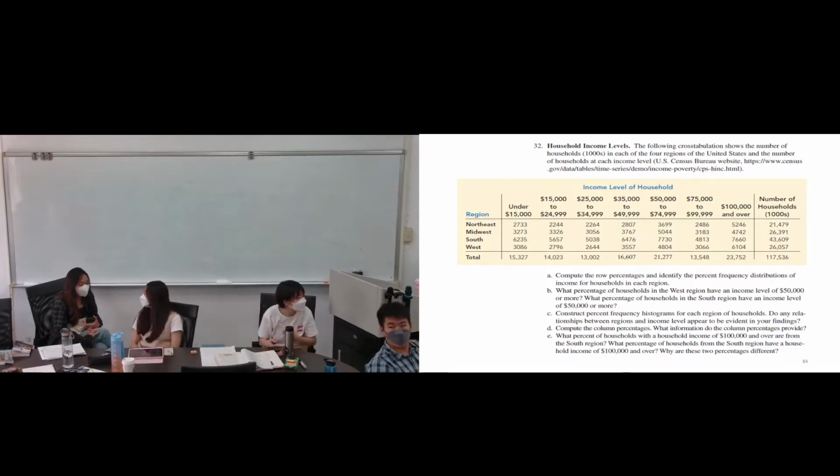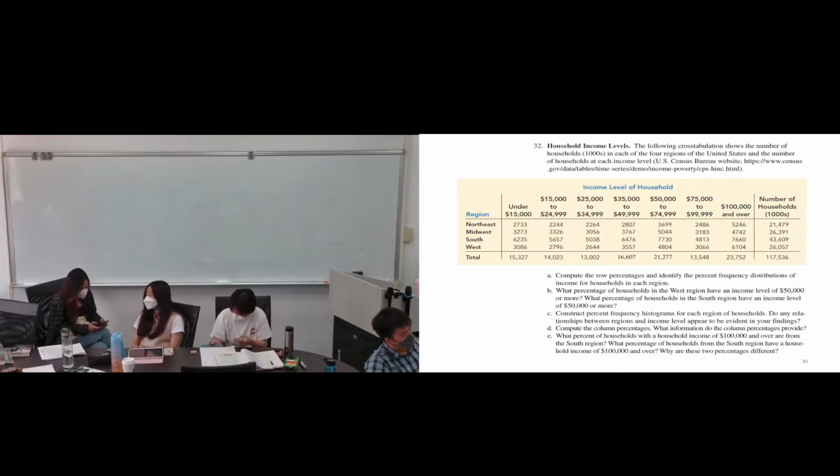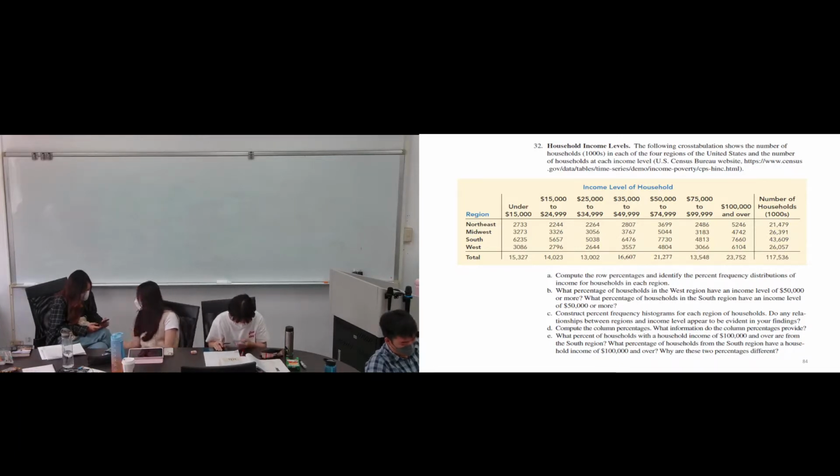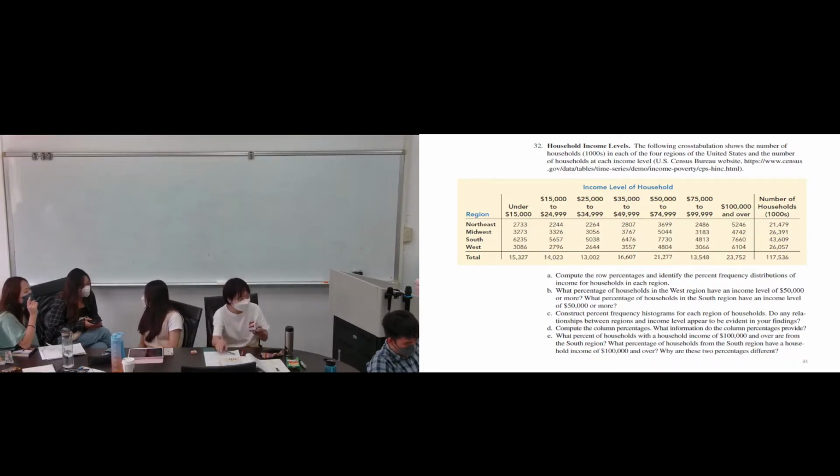For part A, you have to make 4 bar graphs on the row percentage, and then contrast. One graph for Northeast, one graph for Midwest, one graph for South, one graph for West, so four regions. 1, 2, 3, 4. Yes.